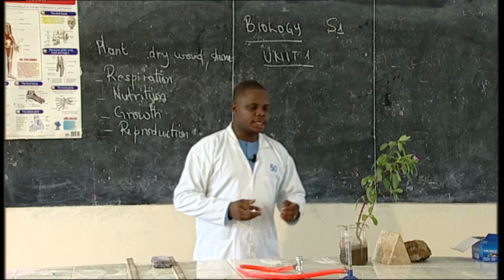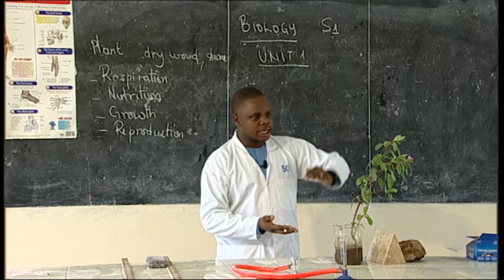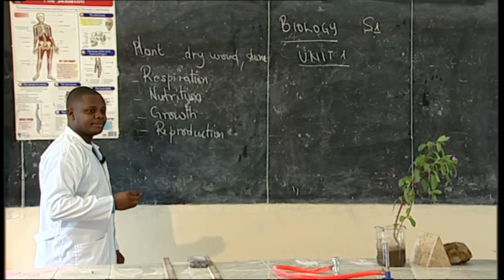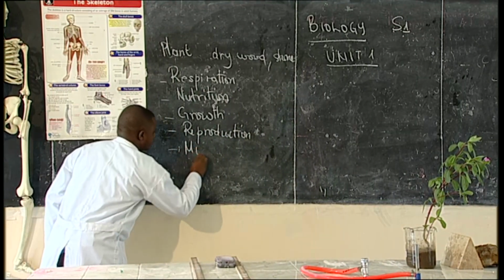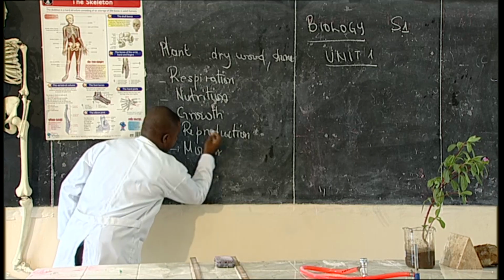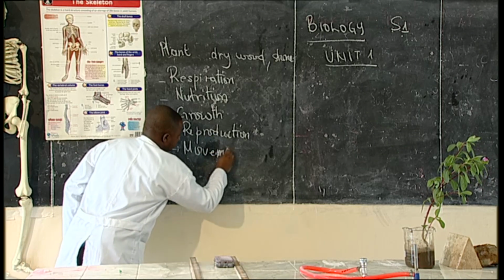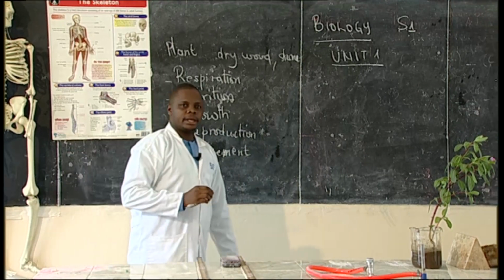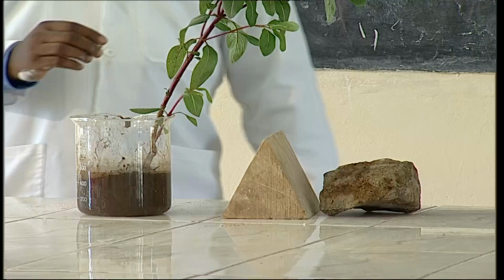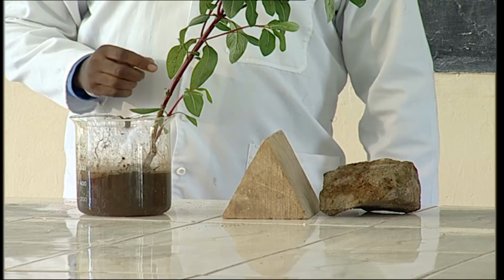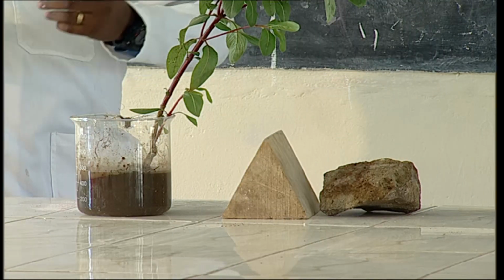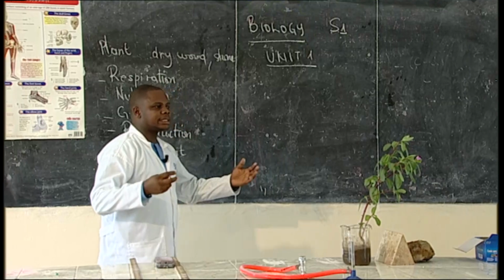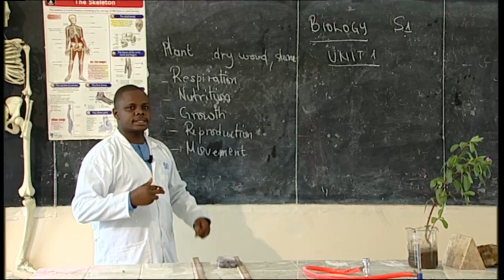I also said at the beginning it was small, now it has increased in size, which means... another point. This plant gets light, which means it can sense the environment.